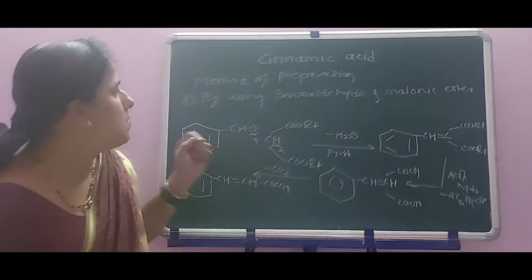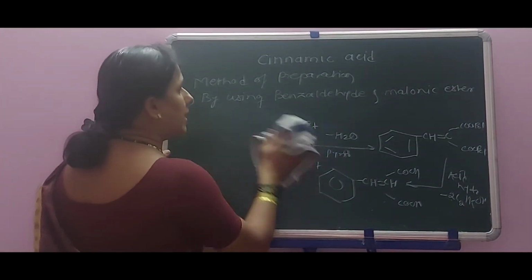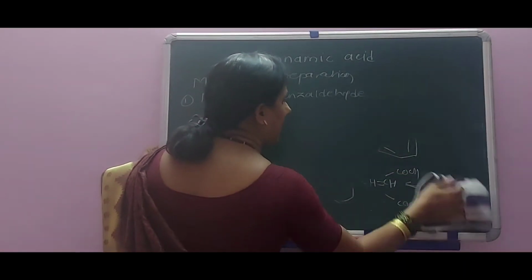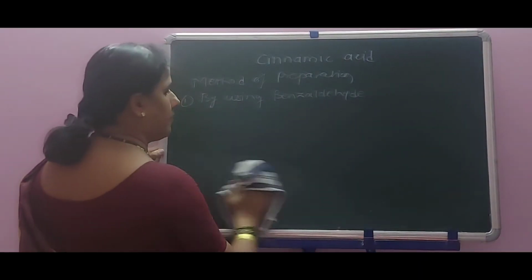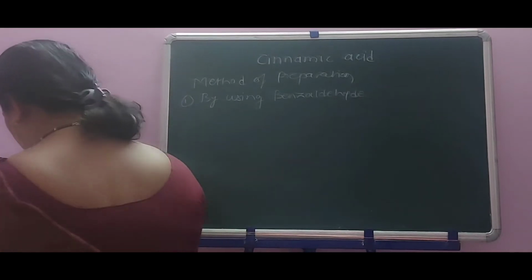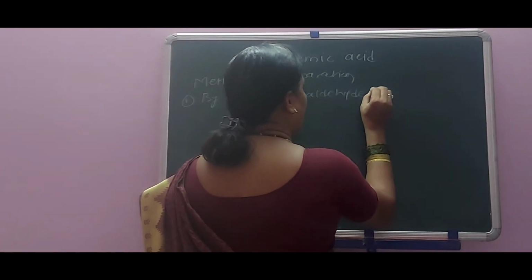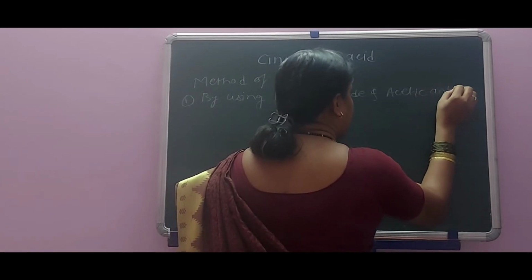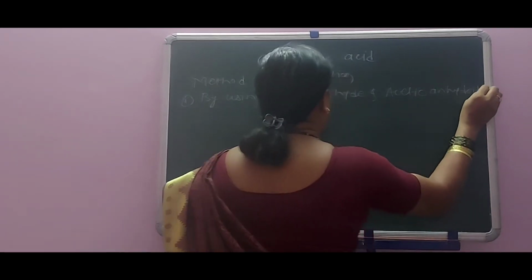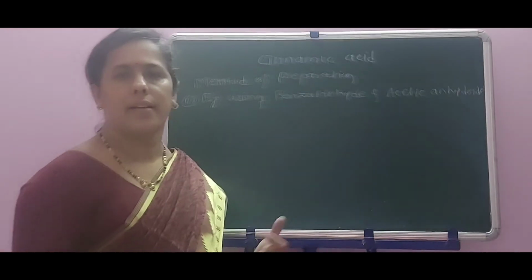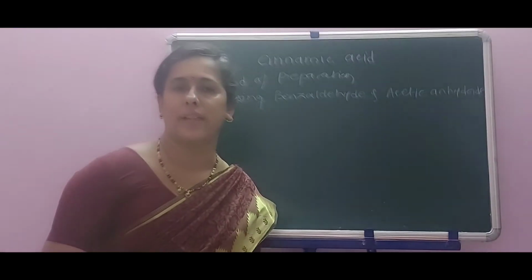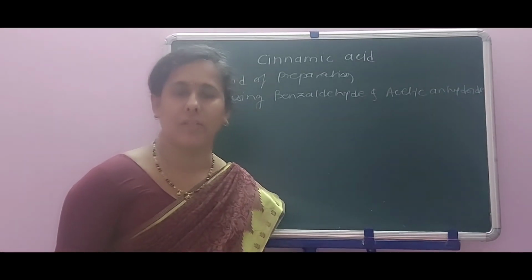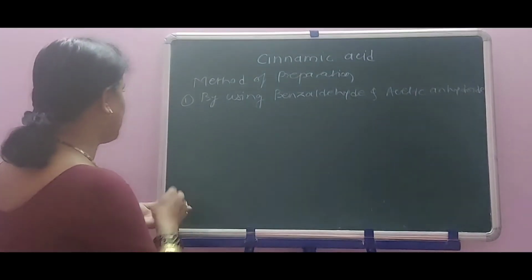Now the second method is from benzaldehyde and acetic anhydride. Actually, benzaldehyde and acetic anhydride, already you know that this is which reaction? That is the Perkin reaction.